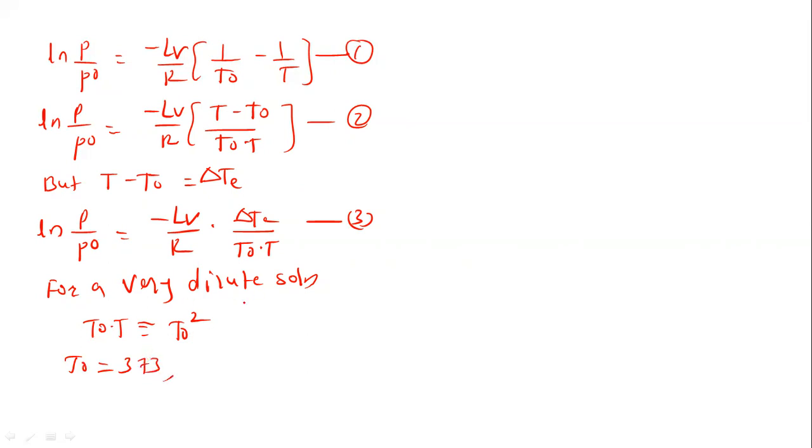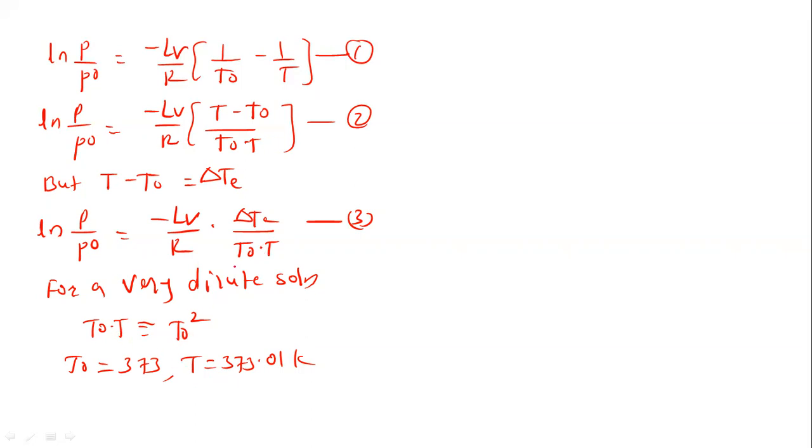And if the solution is very dilute, then suppose that T is equal to 373.01 Kelvin. Now the difference is very small. The product T0 × T is approximately T0 square. For a very dilute solution, the rise in boiling point is very small.